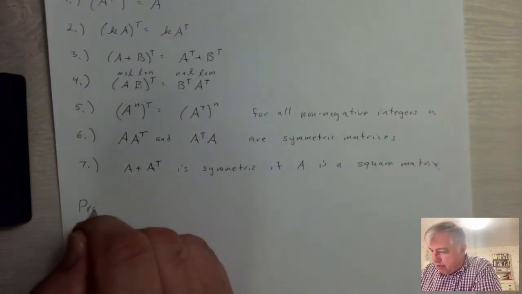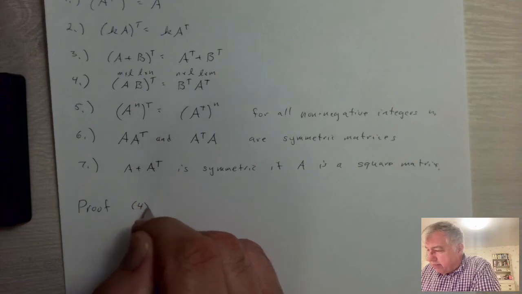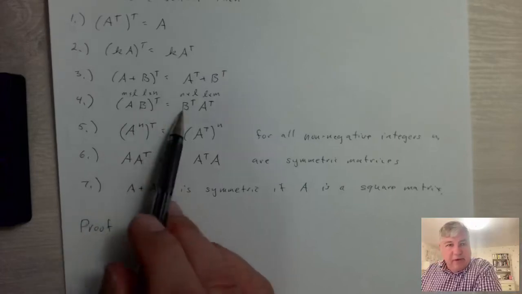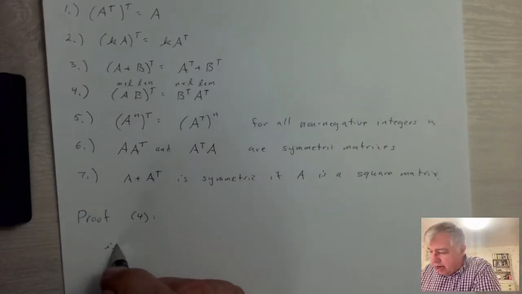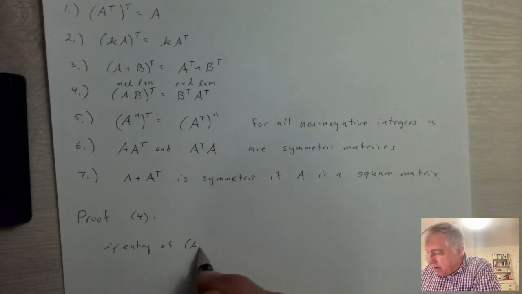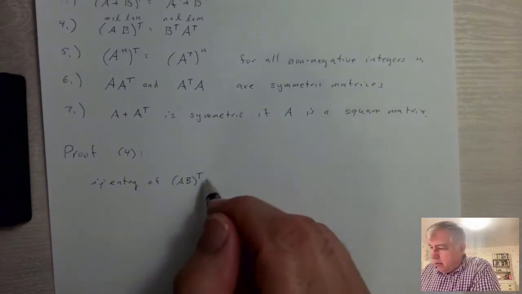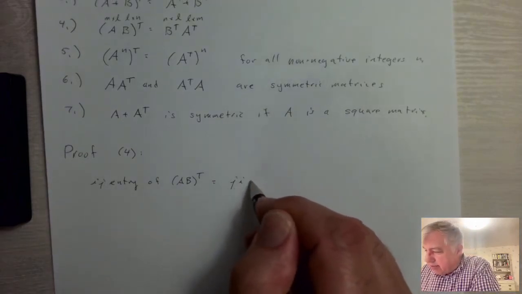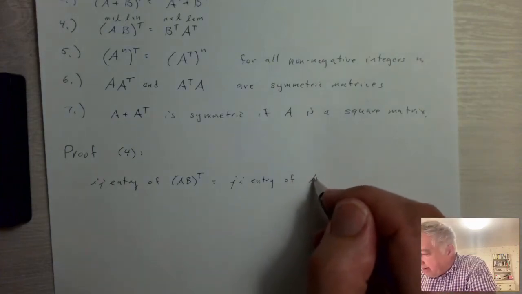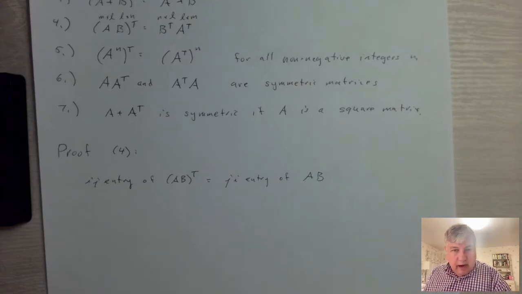So here's a proof of number 4. If we want to show that this equals this, we look at the ij entry of AB transpose. Well, this is the same thing as the ji entry of AB, where you just interchange the rows and the columns.